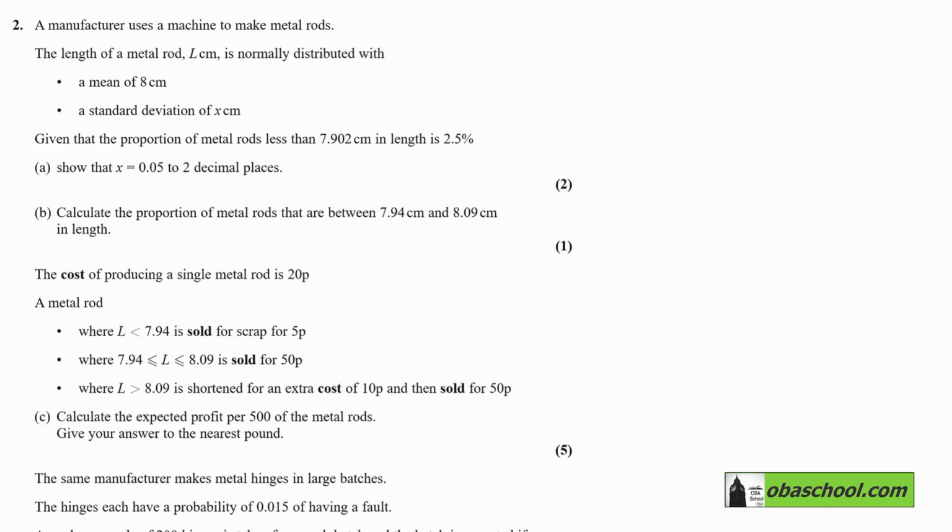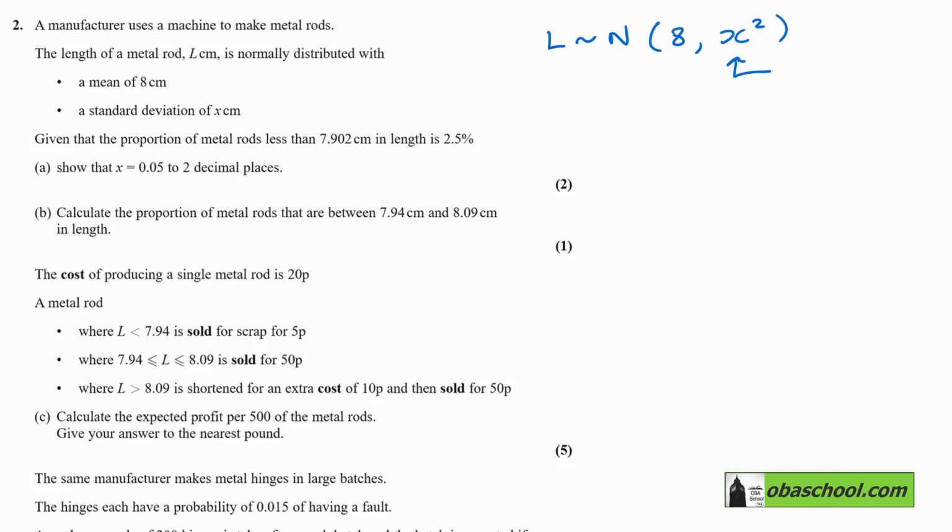A manufacturer uses a machine to make metal rods. The length of a metal rod, L, is normally distributed with a mean of 8 and a standard deviation of x. So we can write that down. L is normally distributed 8 and x squared, because remember the parameter here is the variance, which is the square of the standard deviation.